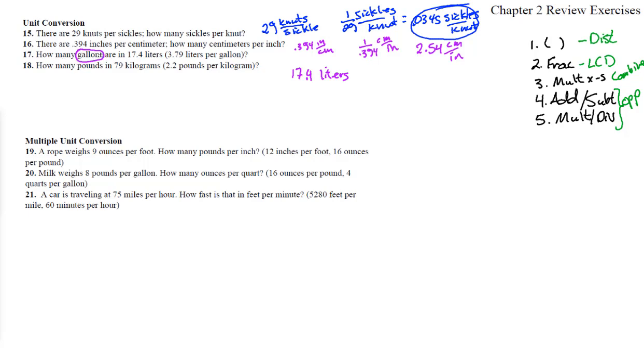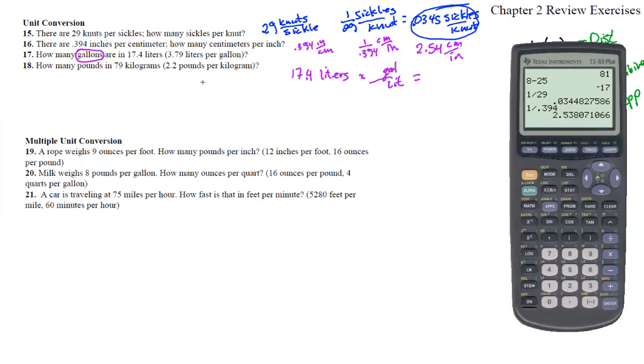So if we multiply, we've got to multiply by something that says gallons on top. So this is the wrong conversion factor right here. If it's 3.79 liters per gallon, we've got to flip that over and change it into gallons per liter.